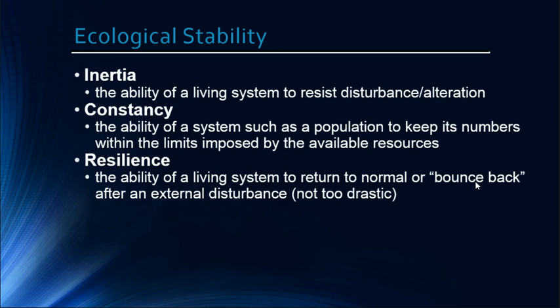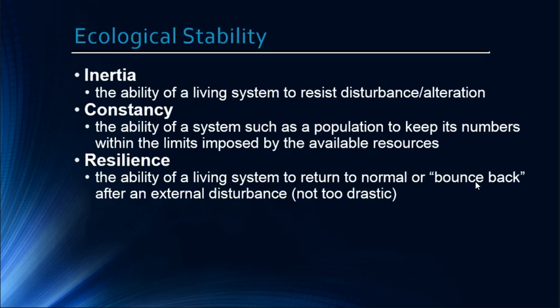But let's say that we go in and we disturb it for whatever reason. There are three things you need to think about. Inertia is the ability of the living system to resist the disturbance to begin with. There's constancy, and that's the ability of the system to keep its numbers, to stay within carrying capacity and things like that.